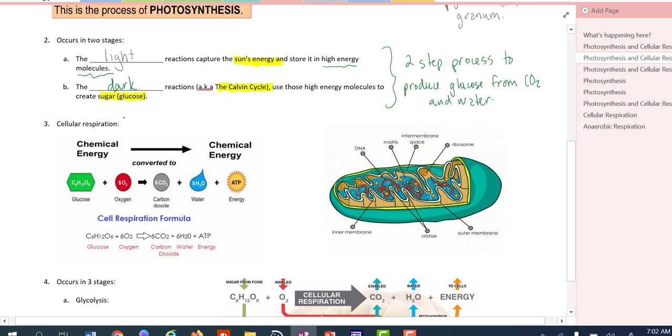Now, cellular respiration is the process by which glucose is converted back into CO2 and water and a high energy molecule called ATP.